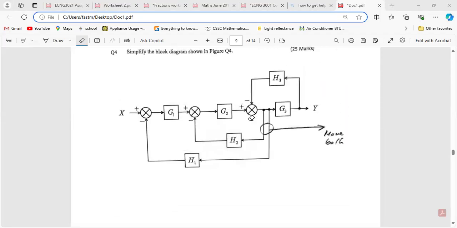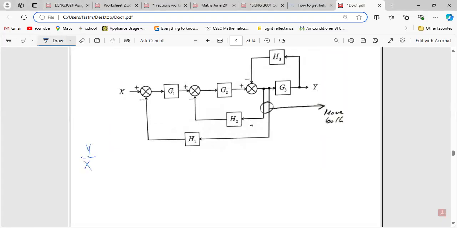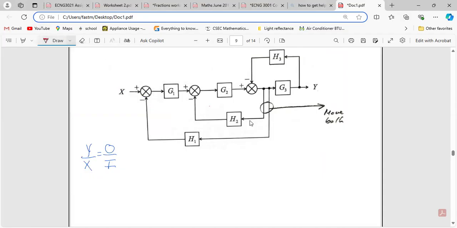So I run through this. Okay. So we have this block diagram. Remember when you're doing that block diagram, we're trying to get the outputs over inputs. So there's your transfer function. When you're doing this, you're trying to reduce the entire block diagram to a form in which you could just get the equivalent function of it.